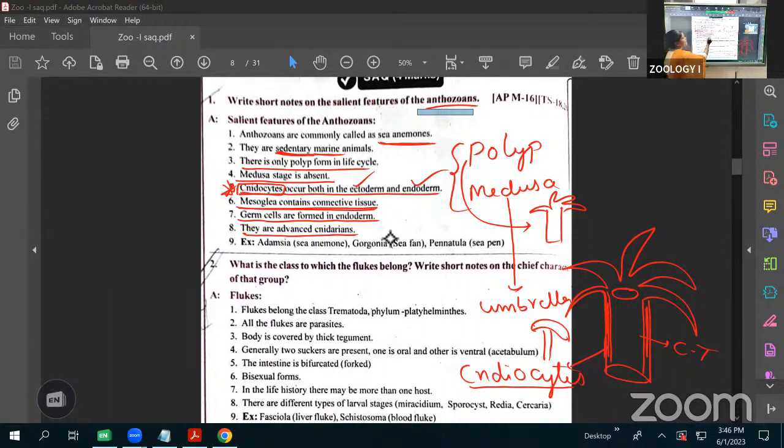They are the advanced cnidarians. Examples are Adamsia, commonly called sea anemone; Gorgonia, commonly called sea fan; and Pennatula, which looks like a pen, so we call it a sea pen. This is about the Anthozoa.